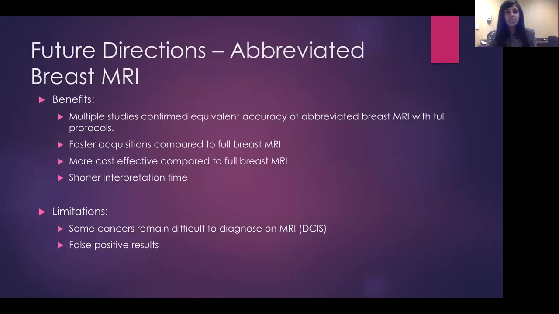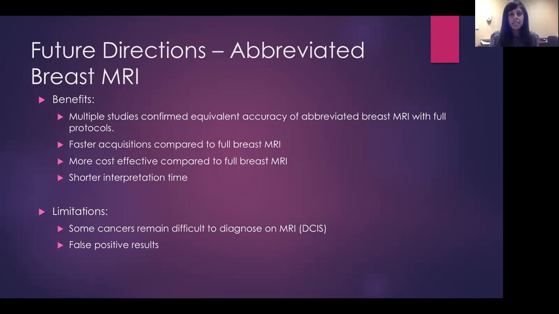And just to mention a couple of words about what we can look forward to in the future. So abbreviated breast MRI is a shortened protocol where we have fewer sequences. So it is a much faster study and it is cheaper. And this is something that we are planning to implement hopefully by the end of the year. The benefits of using abbreviated breast MRI is that studies have shown that it has a confirmed equivalent accuracy compared to a full protocol.